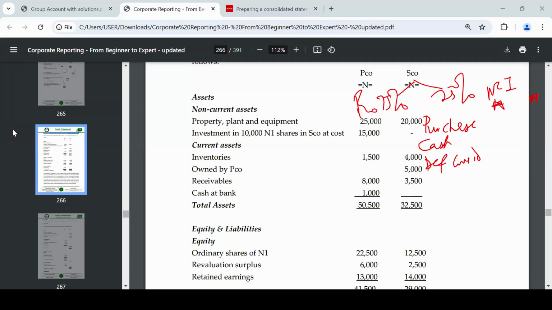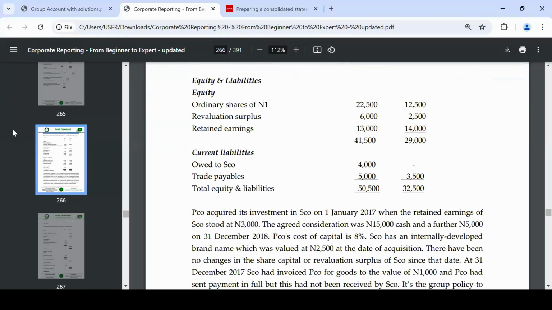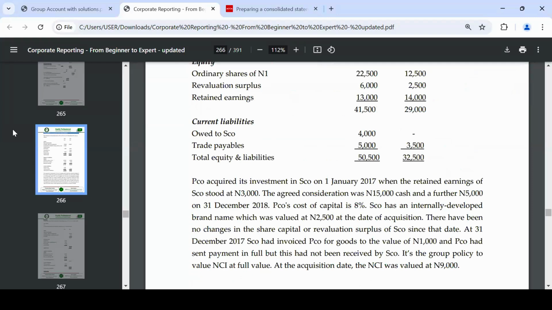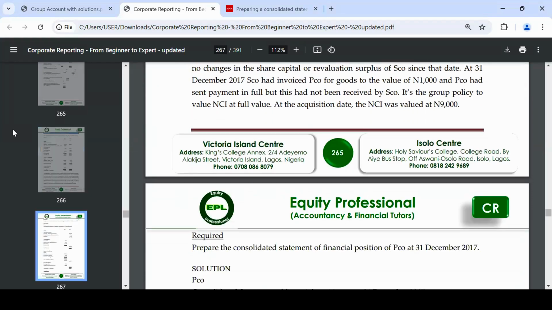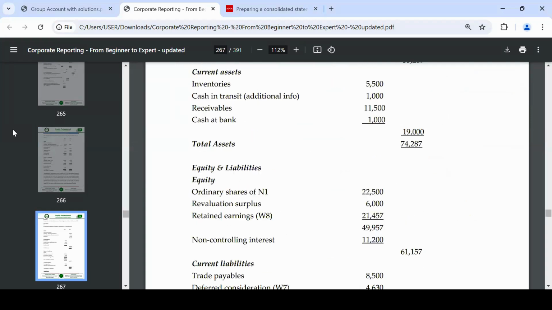The cash amount that we are making as payment is down here, 15,000. Okay, let's just come to the solution. It's 15,000.